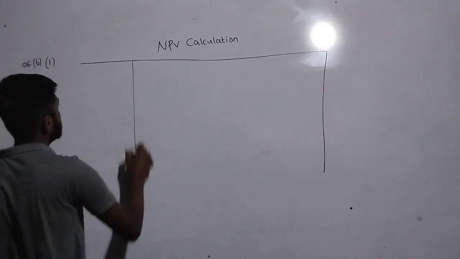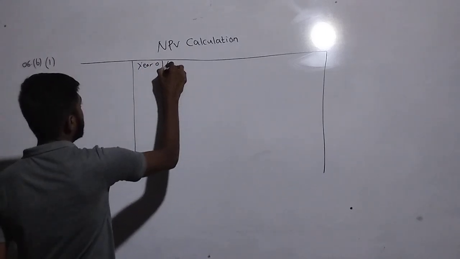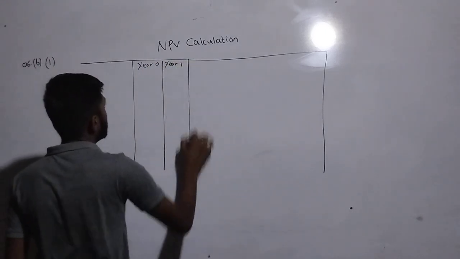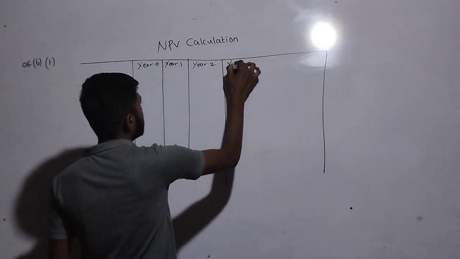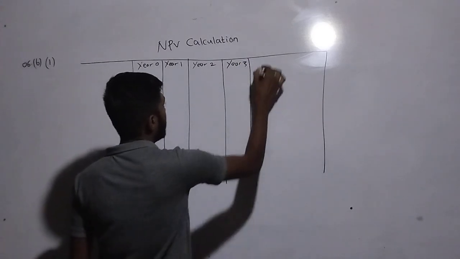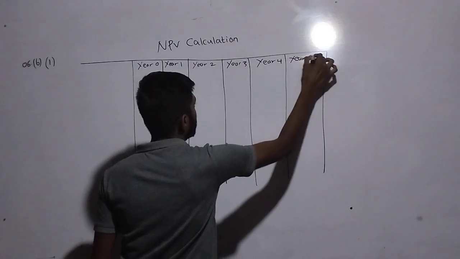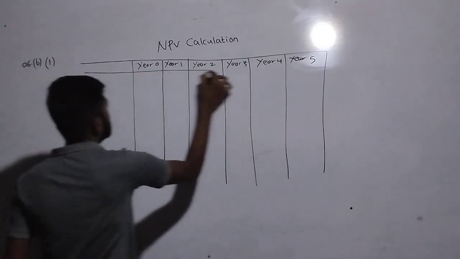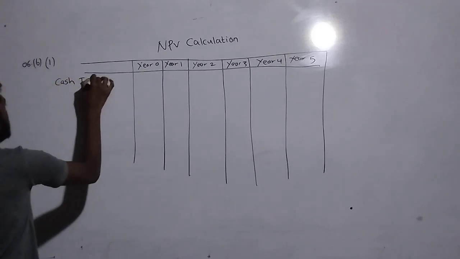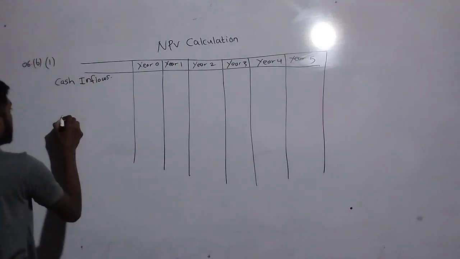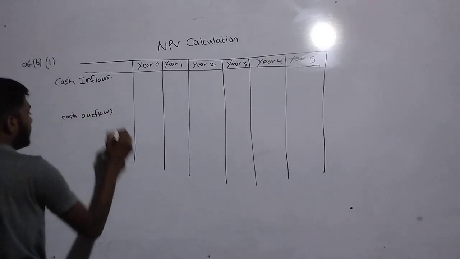Here let me say year 0, then year 1, year 2, year 3, year 4, then finally year 5. Right. Then here we are going to have the cash inflows, dear students. Cash inflows. Then here let us have the cash outflows.